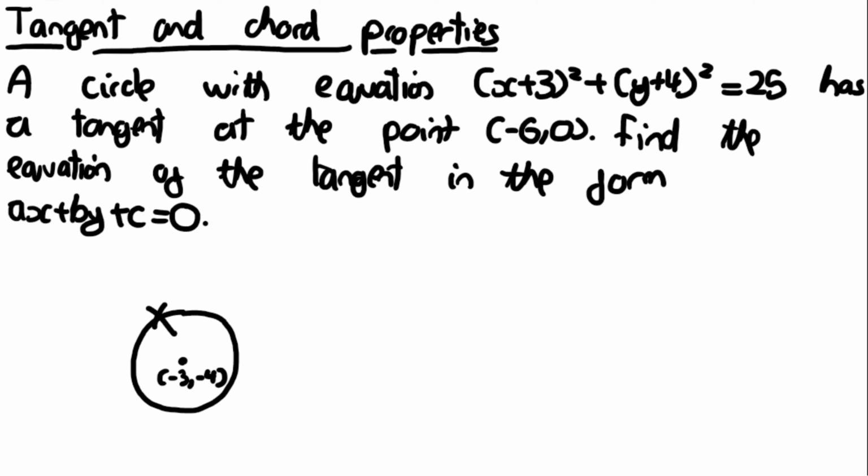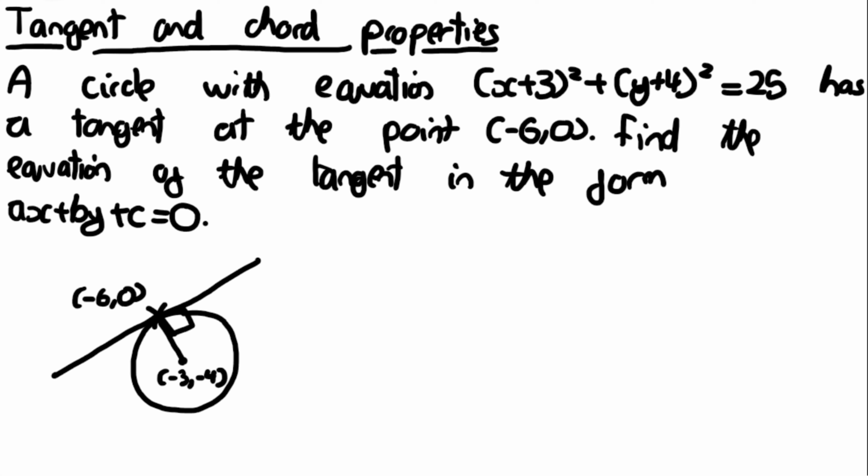And there is a tangent at this point, the point -6, 0. And I'm going to draw the radii in because we're going to need this for the question, as we'll see in a sec. And the radius is perpendicular to the tangent.